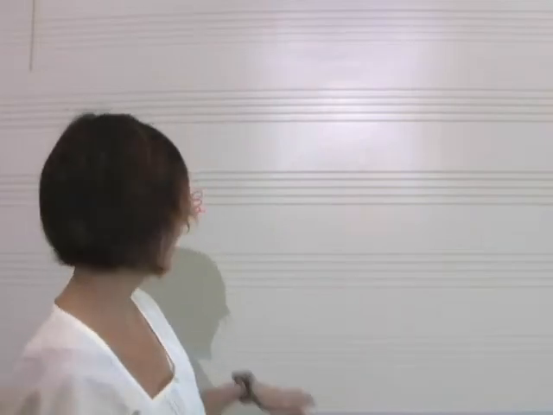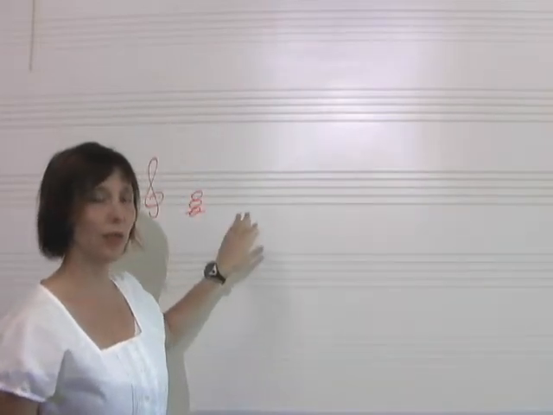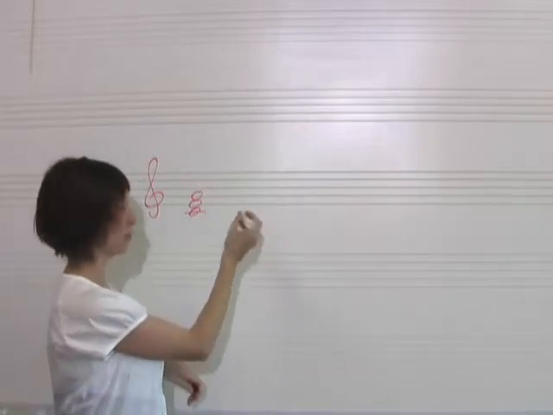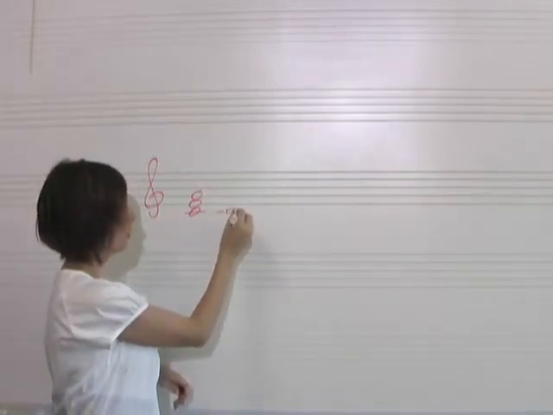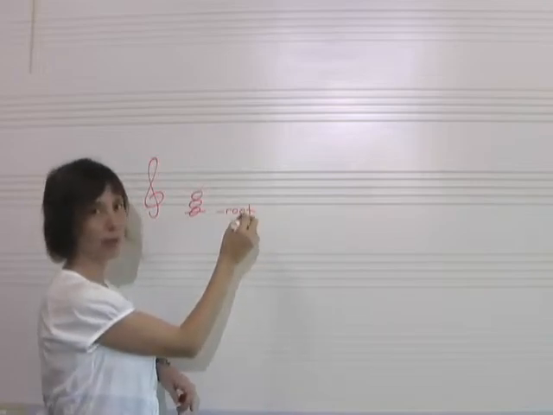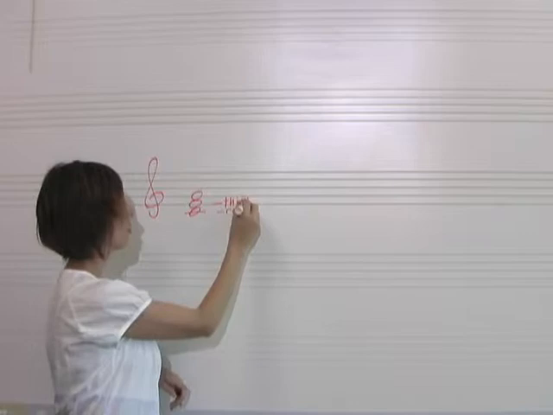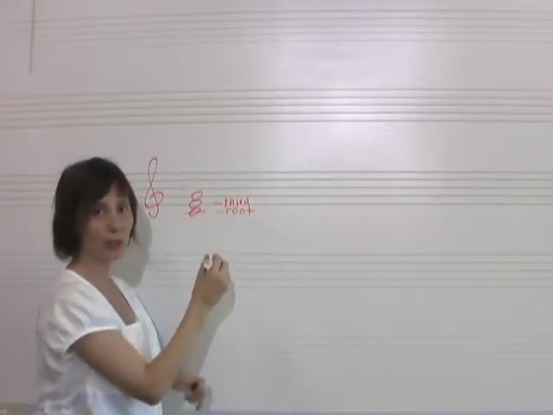Every triad is made up of three notes, and as you can see here, the triads we're going to be learning about have one note we refer to as the root, one note we refer to as the third, and one note that we refer to as the fifth.